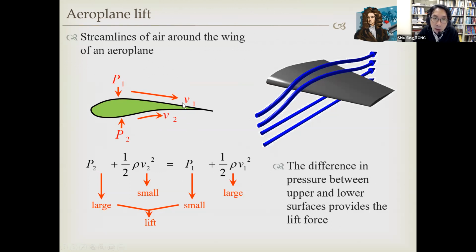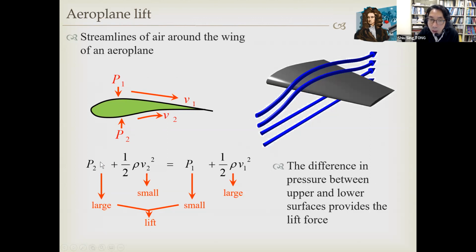But the difference in velocity will give rise to a difference in pressure. A larger velocity, a larger V1, implies a smaller pressure on the top side. And a smaller velocity of flow on the lower surface implies a larger pressure on the lower surface.